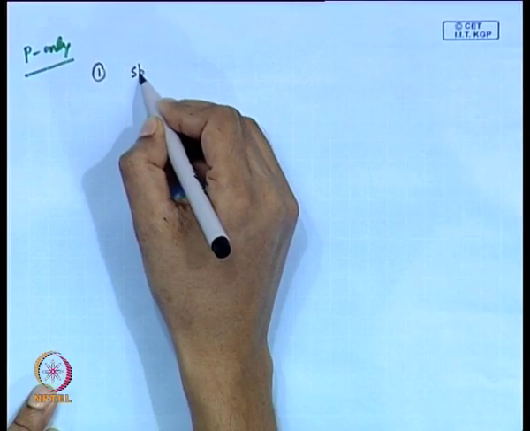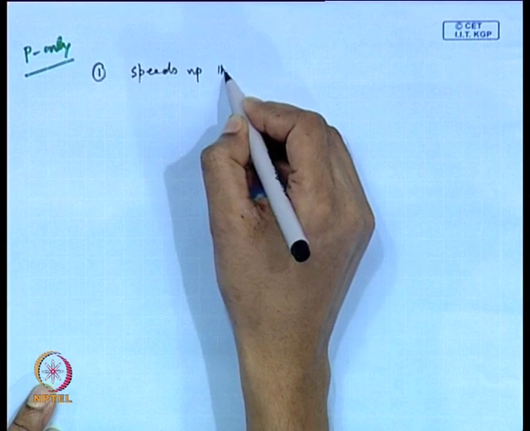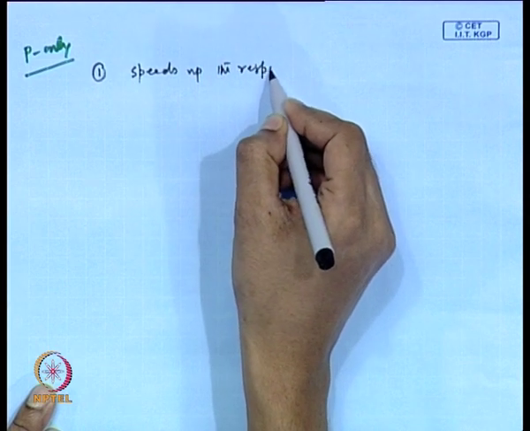If we include a proportional controller with a process, the overall response becomes faster than the open loop response. Therefore, we can conclude that the P only controller speeds up the response.